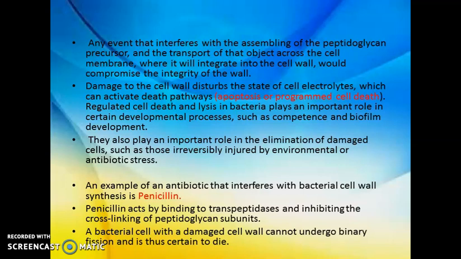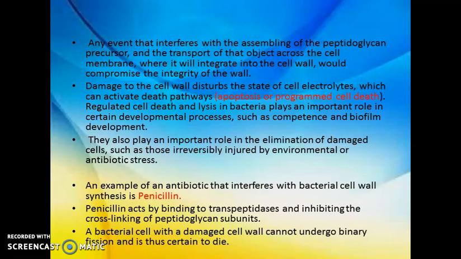Inhibits what? The cross-linking of peptidoglycan subunits. So as a result of the absence of this cross-linking, what happens? Peptidoglycan assembly as well as synthesis doesn't take place in the bacterial cell.